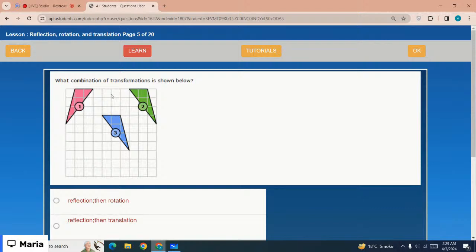So the two steps performed here are reflection and then translation. Option 2 is the correct option.